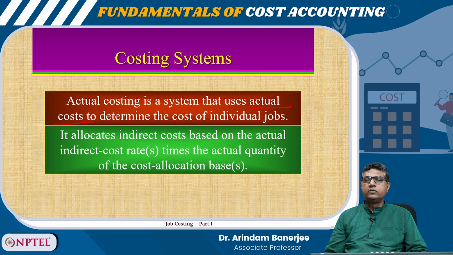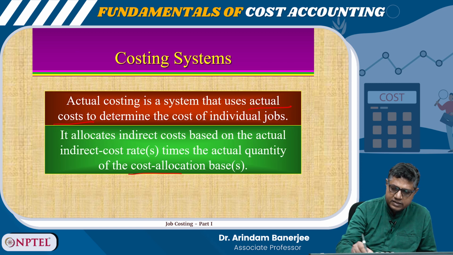So direct costs it calculates actually. Like in our earlier example, the allocation base was machine hour. In some cases it may be labor hour also, so we need to find out what is the most suitable cost allocation base.